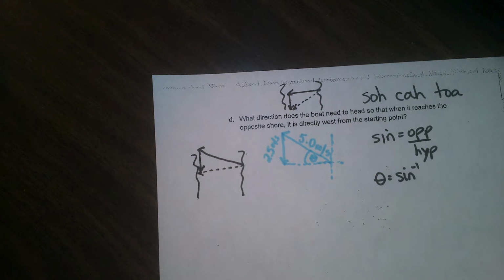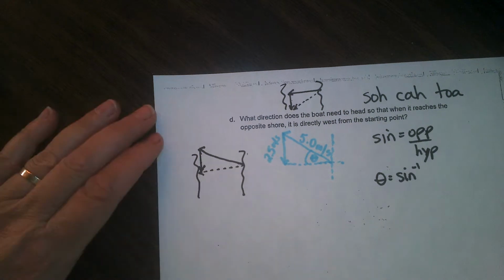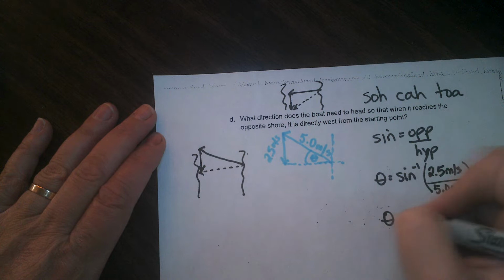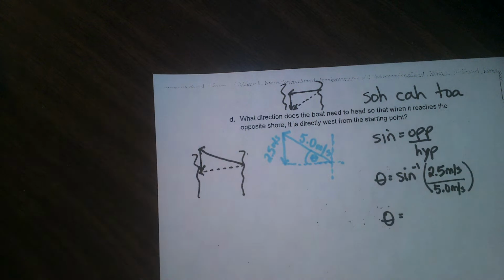We've just been using tan. Now we're going to use sine. Opposite is 2.5 meters per second. Hypotenuse is 5.0 meters per second. So what does my theta end up being? What value do we get for theta?